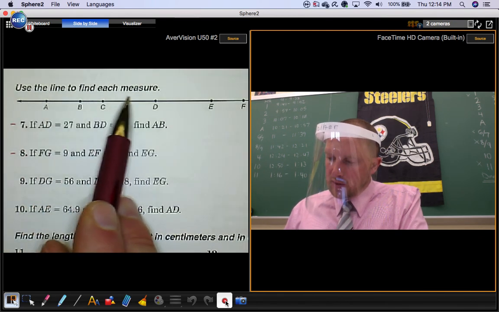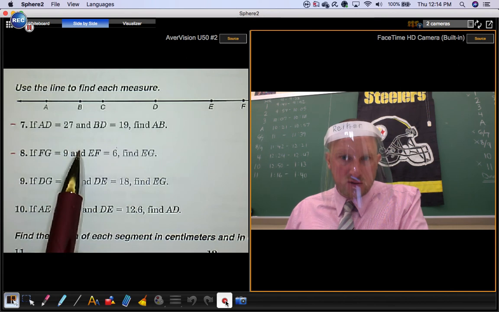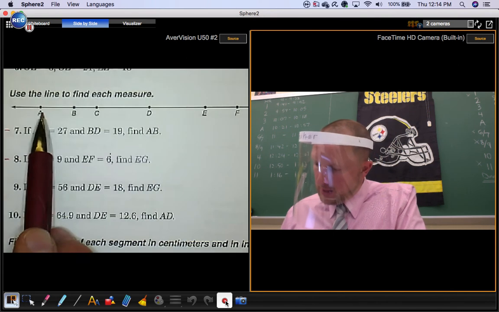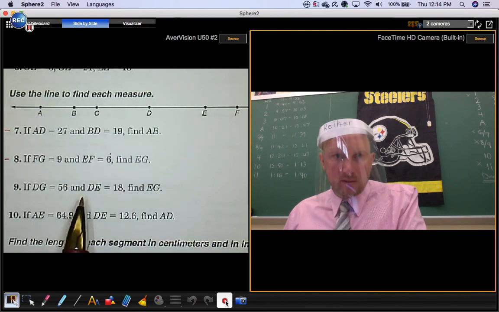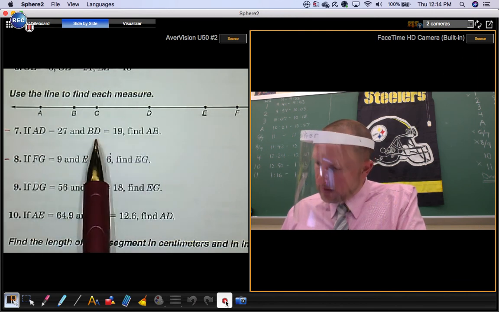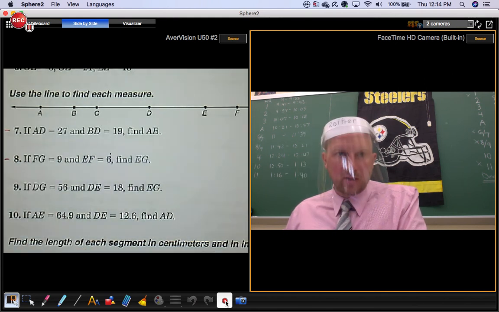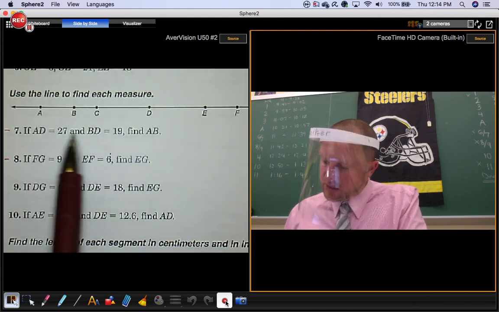Next section, we're going to use this line to find these measures. So this tells you where these points live. A to D is 27. B to D is 19. Find the distance from A to B. Okay, well, which segment is the biggest?